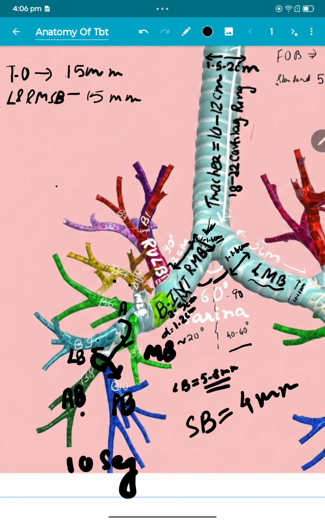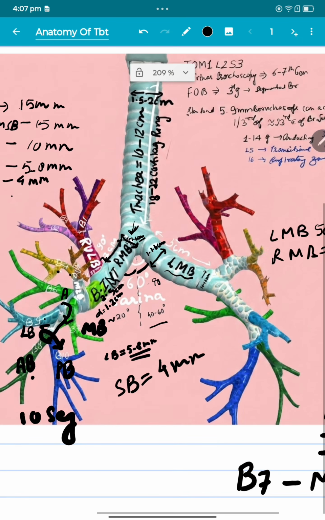Then the bronchus intermedius on the right side, approximately 10 mm, and the lobar bronchus, 5 to 8 mm. Then the segmental bronchus is approximately 4 mm.